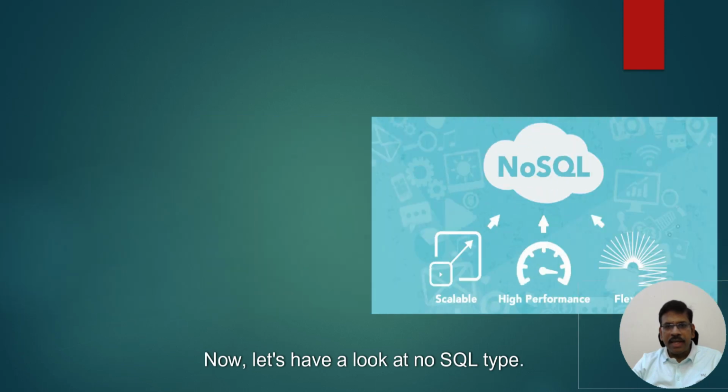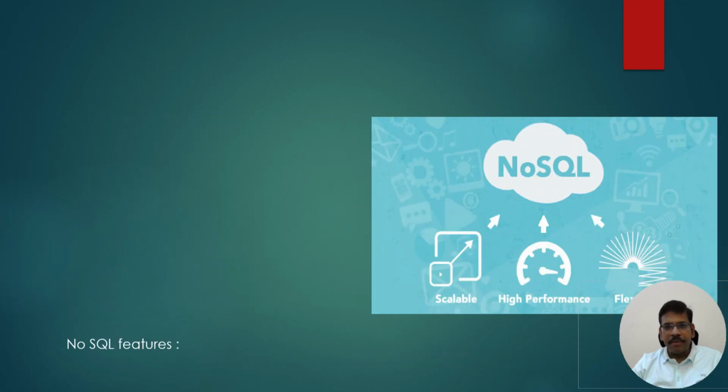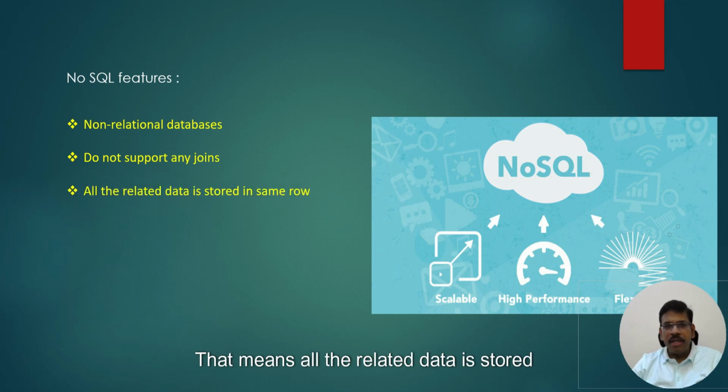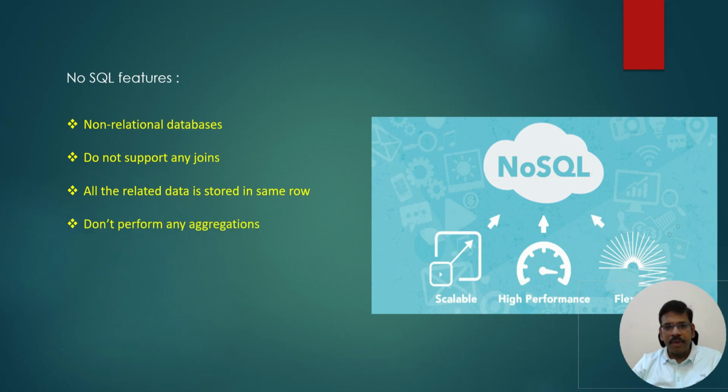Now let's have a look at the NoSQL type. NoSQL features: they are non-relational databases. They do not support any joins at all. That means all the related data is stored in the same row. They don't perform any aggregations. If you want to look for the sum of quantity, no, they don't do it.